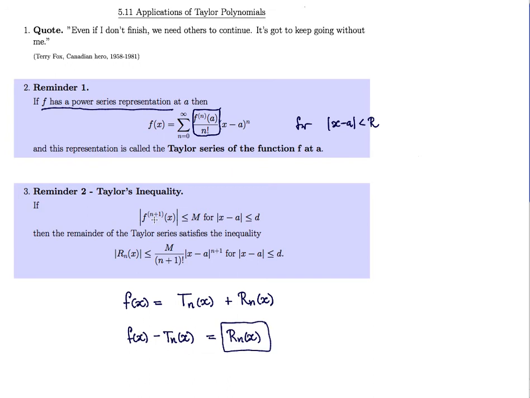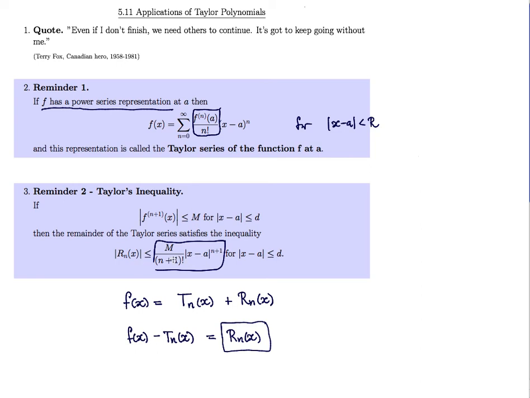Then the remainder depends on the next derivative, the (n+1)st derivative. If we can bound that on the interval we're interested in, then the remainder is bounded above by this quantity here: the bound on the derivative over (n+1) factorial times |x - a|^(n+1). So how far x is away from the center point.